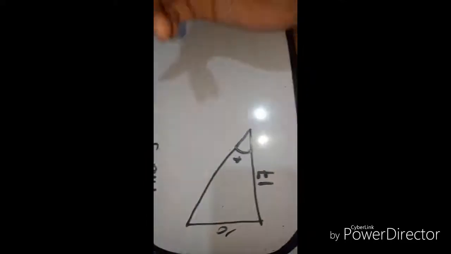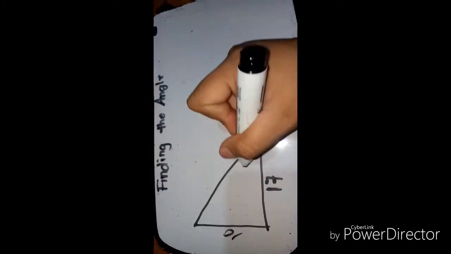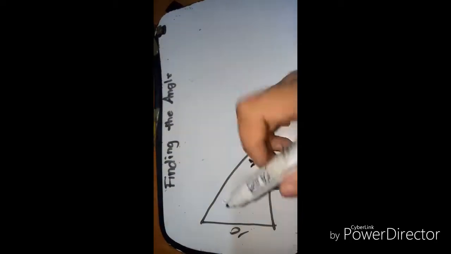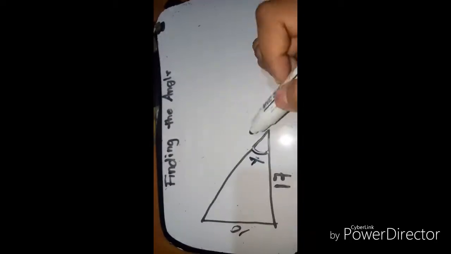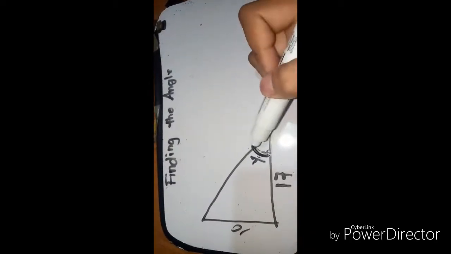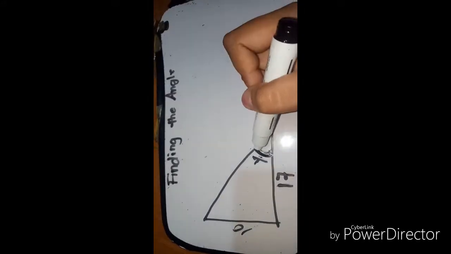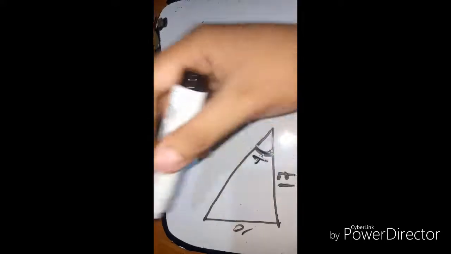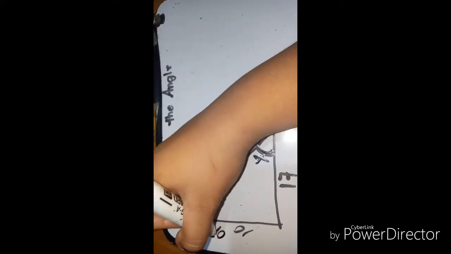So another example in finding the angle: this is our unknown angle, with 10 and 17. The 10 is opposite to the angle, so this will be our opposite.